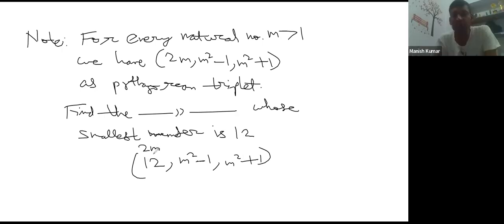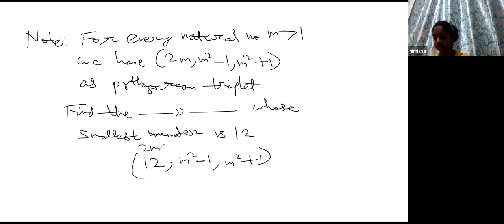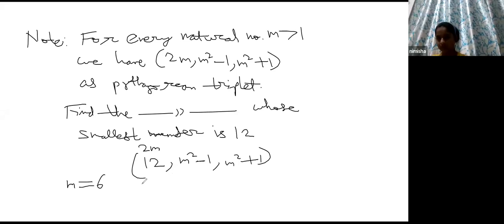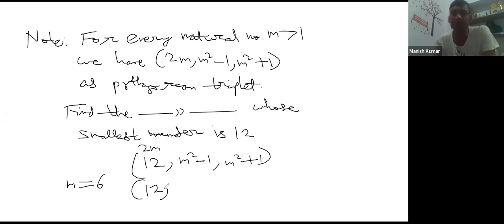Okay. Now, if 2m is equal to 12, then what will be the value of m? 6. M equals 6. So, by finding m equal to 6, we can find m square minus 1 and m square plus 1 also. So, the first one is 12. What will be the second number of the triplet?